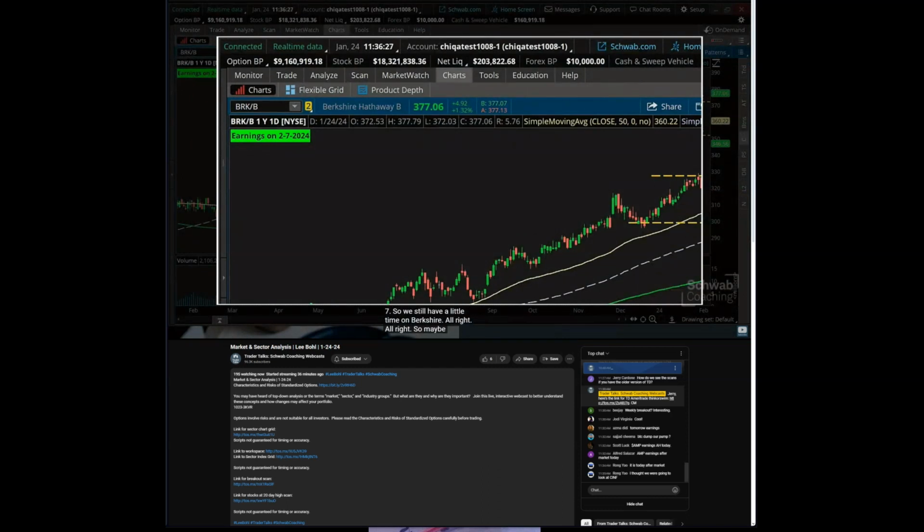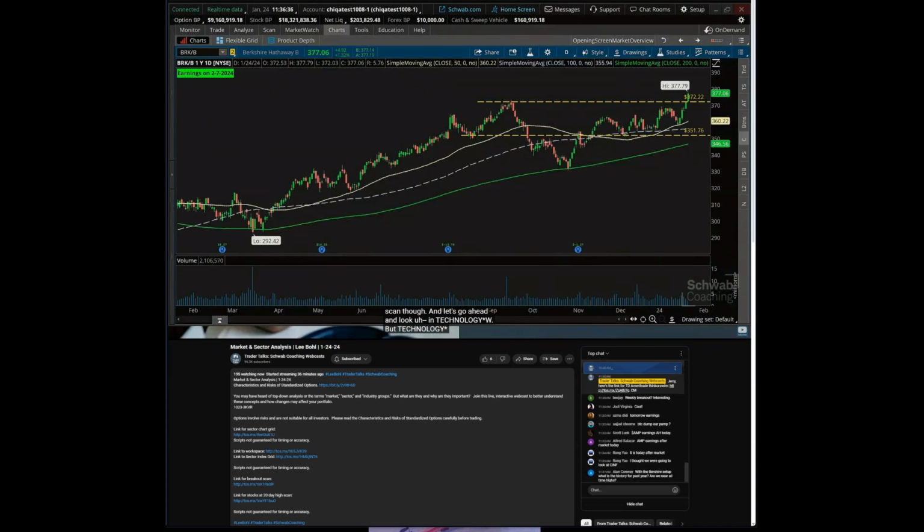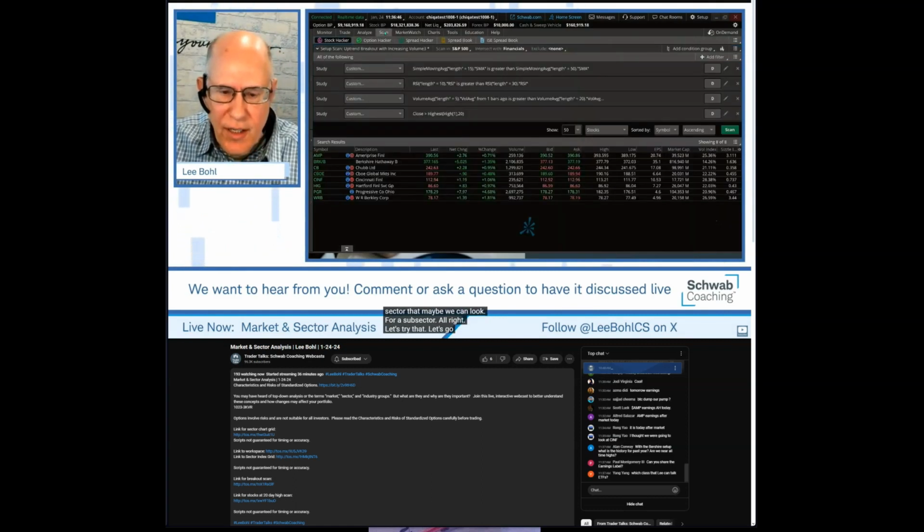Let's do another scan though, and let's go ahead and look in technology, but technology is such a big sector that maybe we can look for a subsector. Let's try that. So let's go here to scan again. This time, let's do the S&P 500.